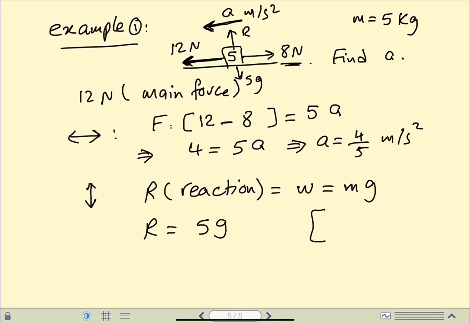And g, as we said, I'm teaching mainly the Edexcel syllabus, M1 mechanics in Edexcel. g is 9.8 meters per second squared, always. So R is equal to 5 times 9.8, which is 49 newtons.